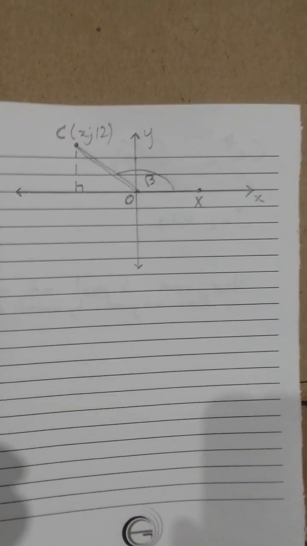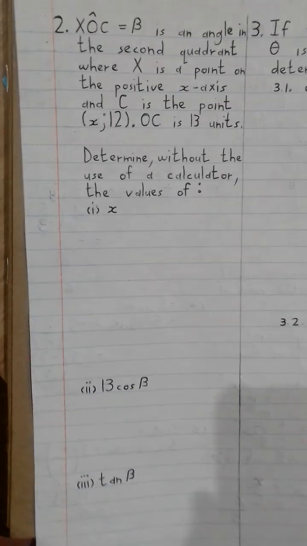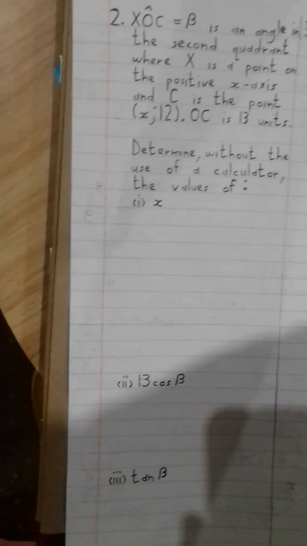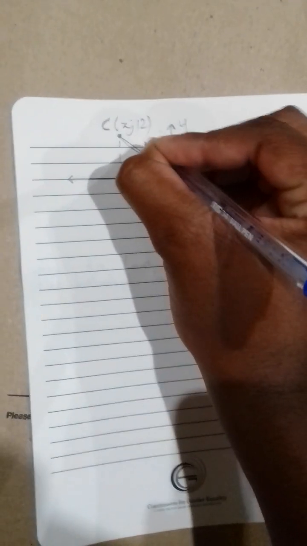This is the x-axis, this is the y-axis. With this, we'll be able to understand things better. And then it says, OC is 13 units. So OC is 13.